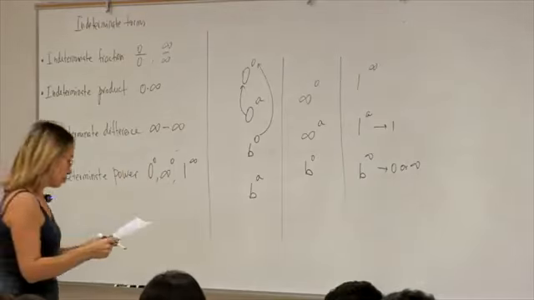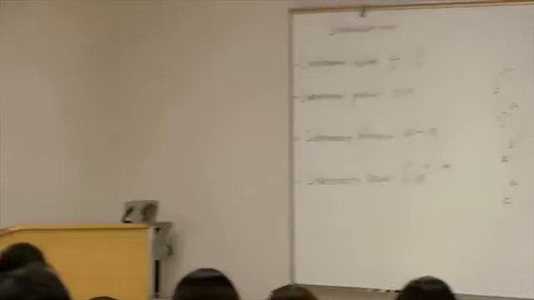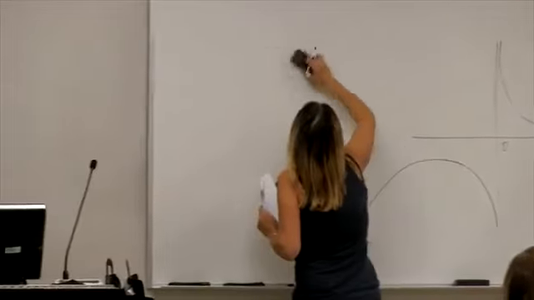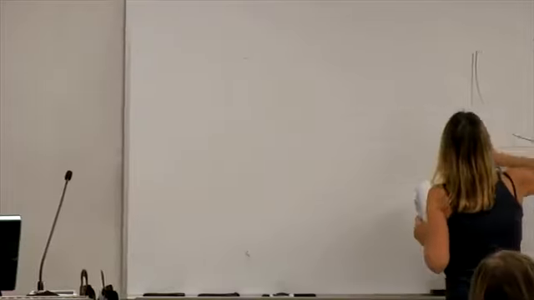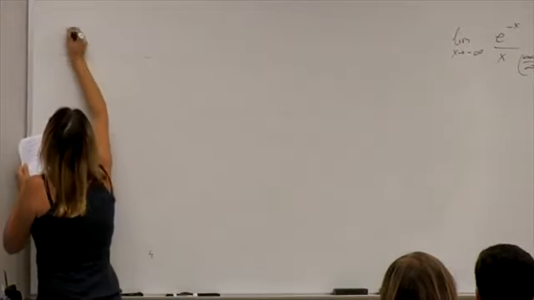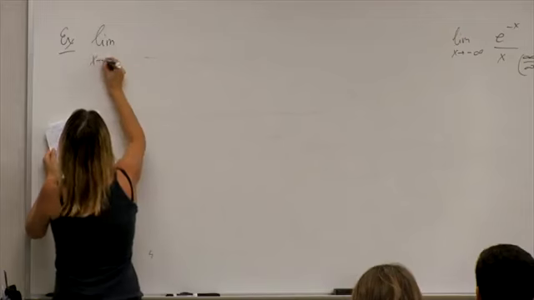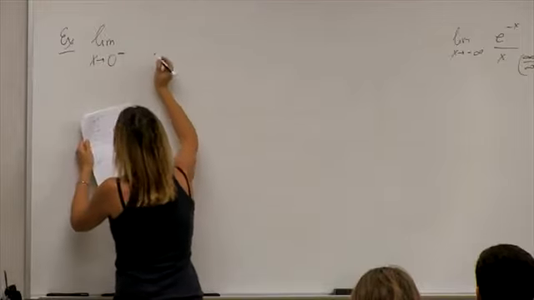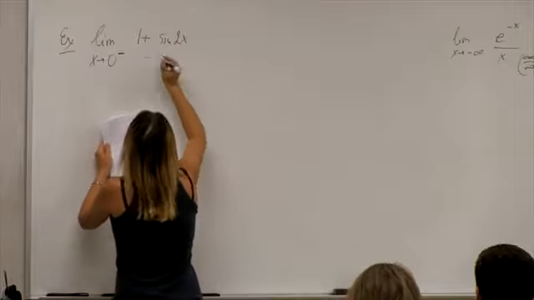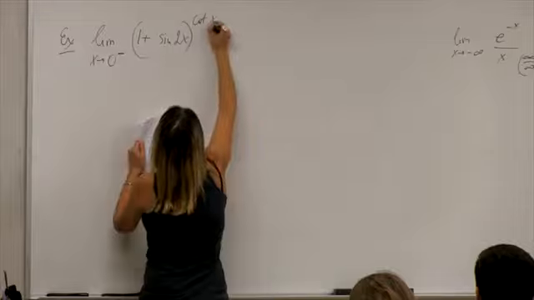Okay, fine. So let's look at some examples of this. We have the limit as x goes to 0 on the left, of 1 plus sine 2x to the power of cotangent x.